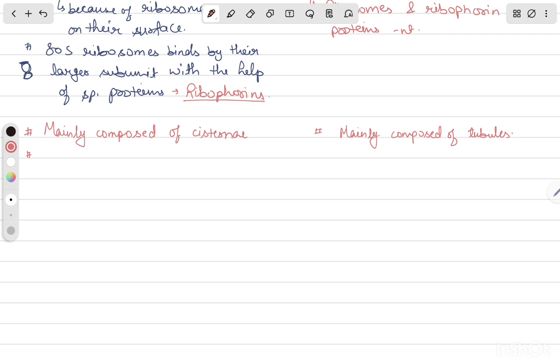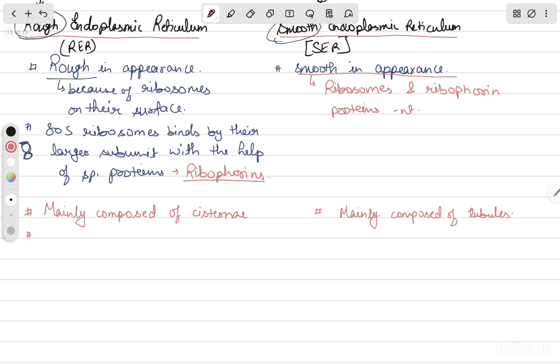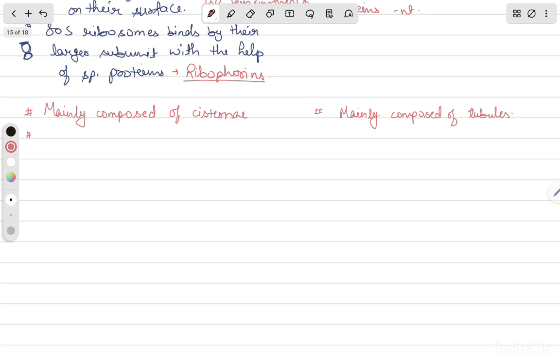Rough endoplasmic reticulum has ribosomes, and the function of ribosomes is protein synthesis, right? So we can say rough endoplasmic reticulum is also involved in protein synthesis. So they are more abundant in cells which are actively involved in protein synthesis.